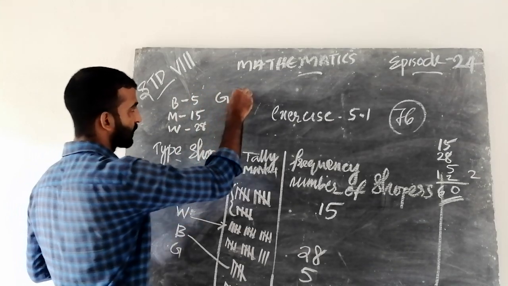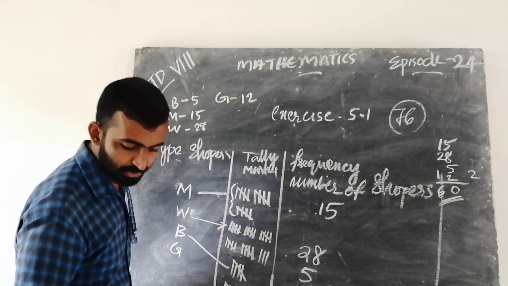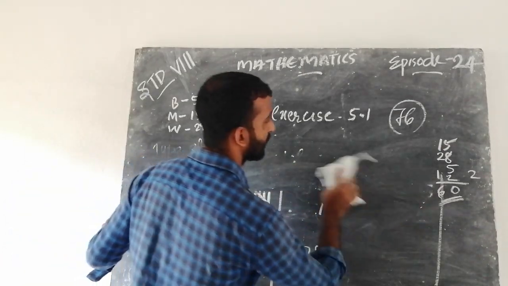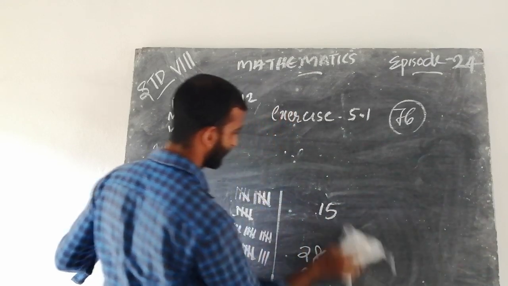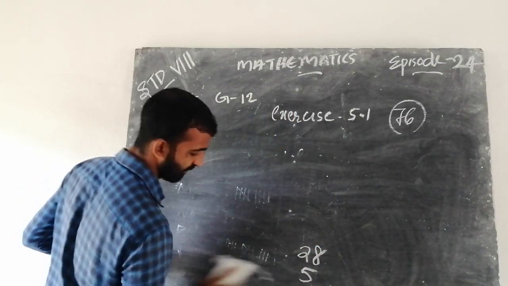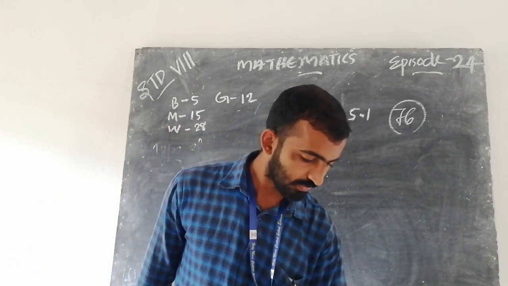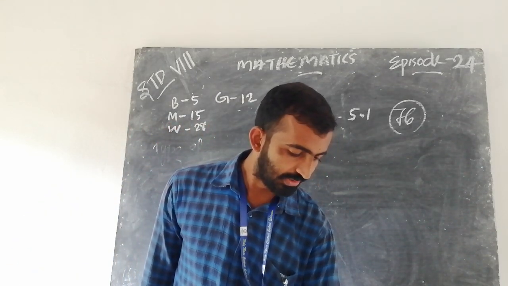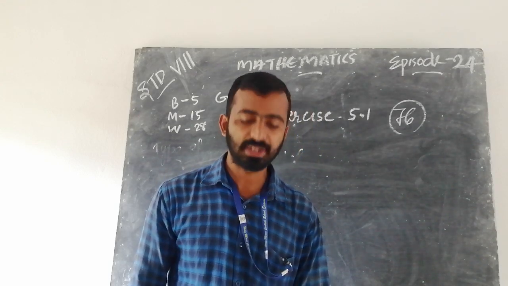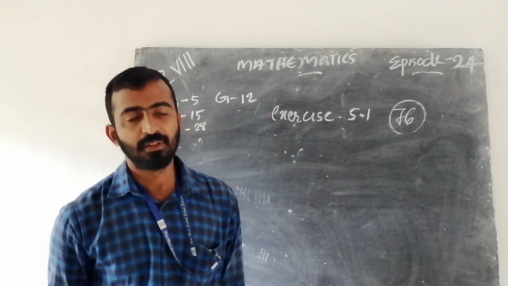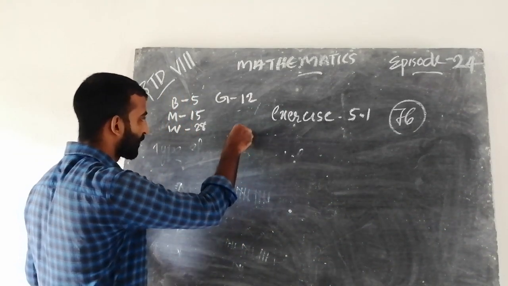Girls is 12. In the question, we want to draw a bar graph, not a histogram.